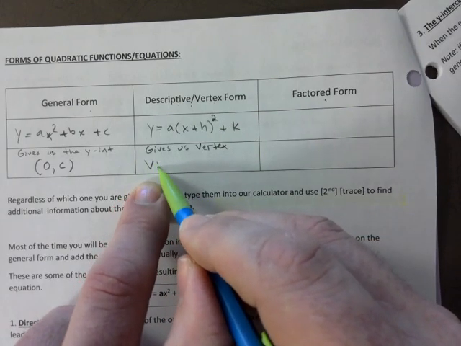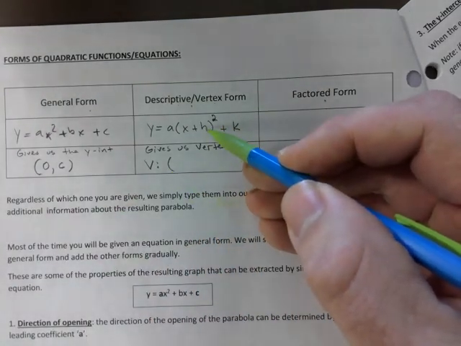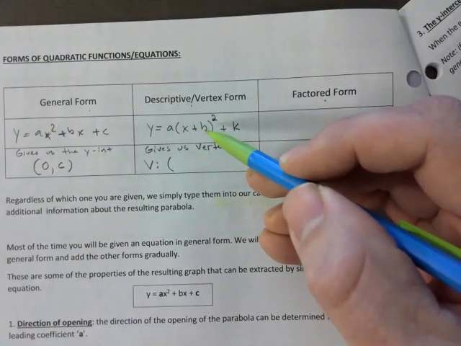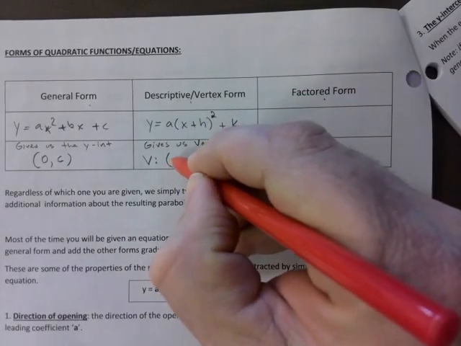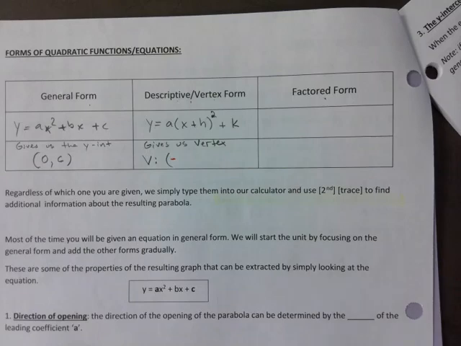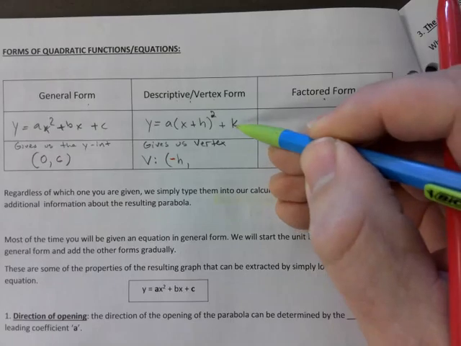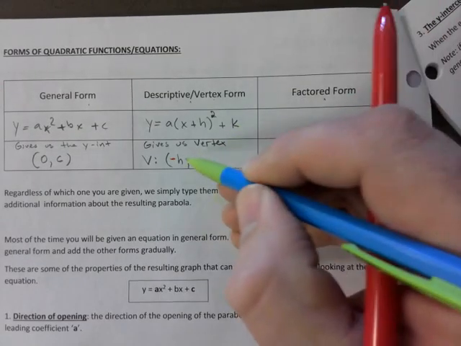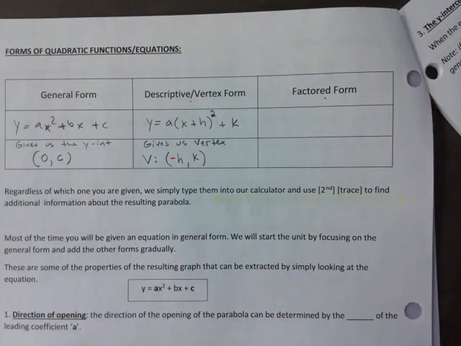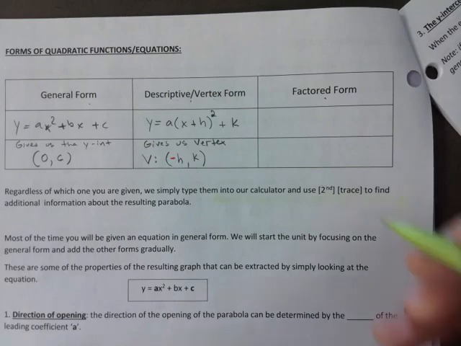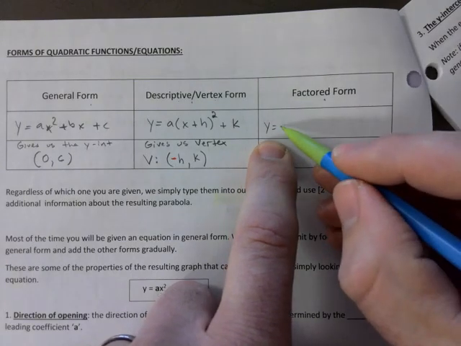The vertex is going to be whatever h is, when you look at the equation or function, you're going to change the sign of h. And this is how we represent that in math. We put a negative in front of it. But k stays the same. Okay? And I'll show you more about that later. I don't want to go into details right now because too much information is also not good at the beginning.